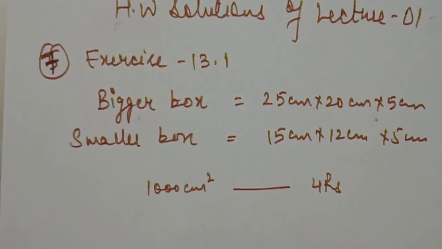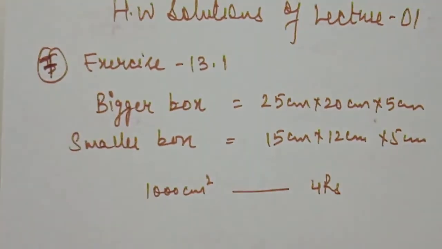Find the cost of cardboard required for supplying 250 boxes of each kind. It means we want 250 bigger boxes and 250 smaller boxes. So the question is, someone wants sweet boxes, and he or she wants 250 smaller boxes and 250 bigger boxes, and the measurements are already given, and he said one thing, that he needs 5% for the overlapping.